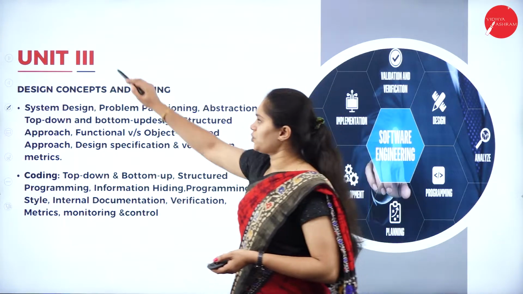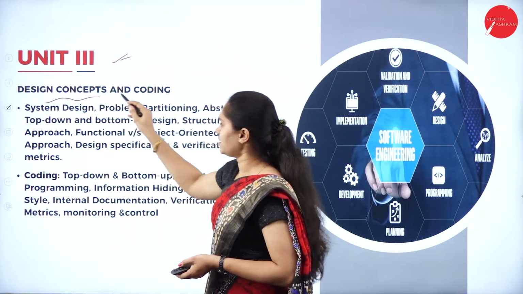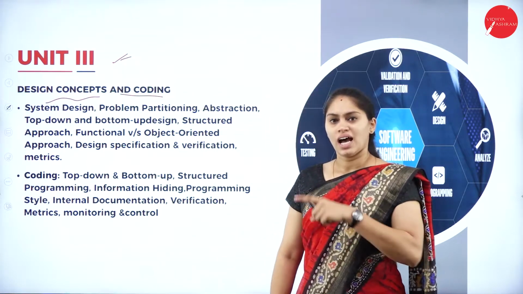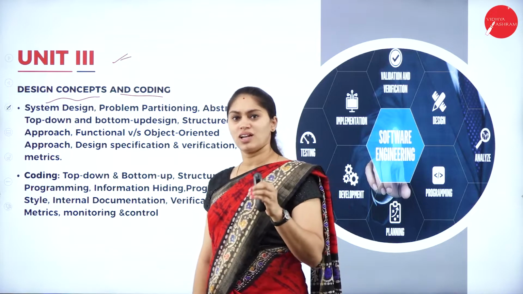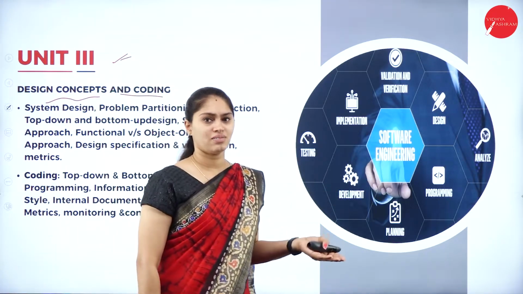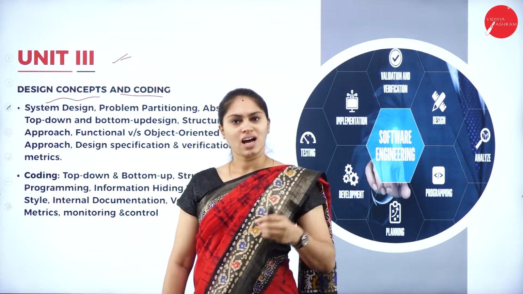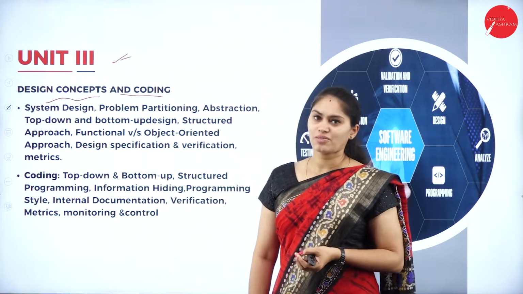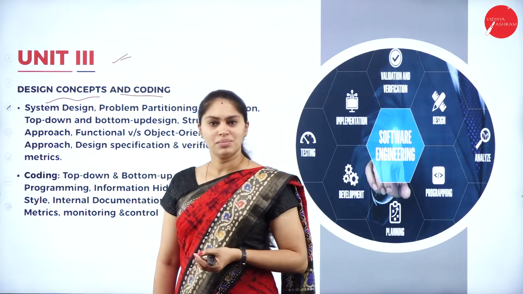Let me move to unit 3, which is with respect to design concepts and coding. Now I know about the process or life cycle models, and after knowing the advantages and disadvantages of each kind of model, I will be able to give the requirements needed to develop the software.